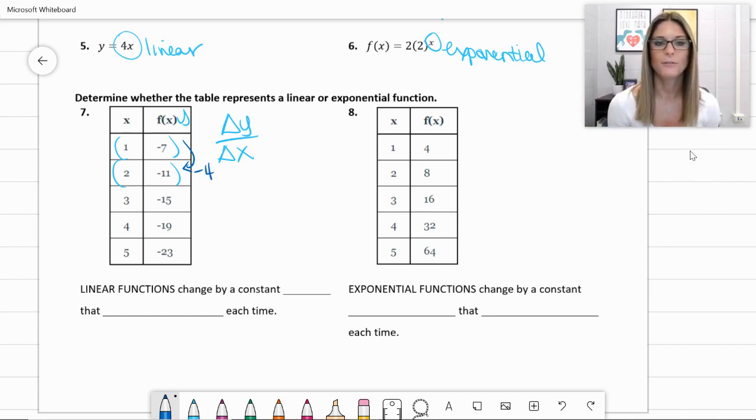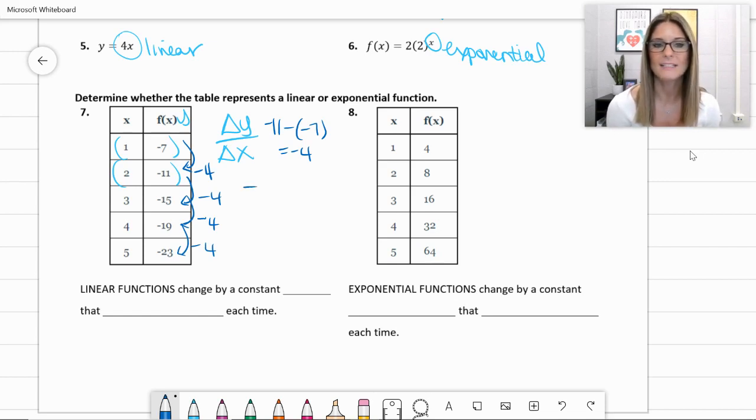We subtracted 4. Now, if you ever have trouble figuring out your rate of change, you can always work backwards. Start with -11, the second number, and subtract it from the first number, -7. That's going to give us -4. Does that pattern continue? Yes, from -11 to -15, subtracting 4. It's continuing subtracting 4 to make -19 and subtracting 4 again to give us -23.